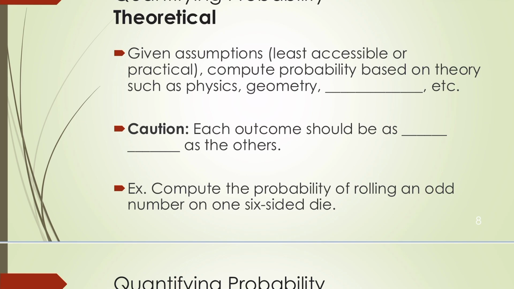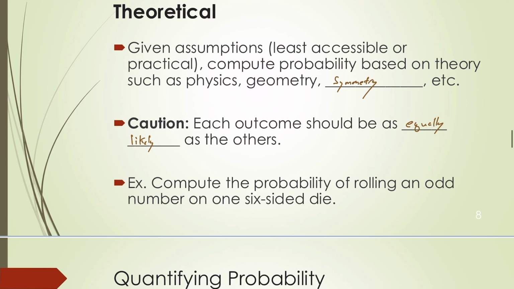Remember, this is the least accessible or practical. You have to make lots of assumptions in order to apply math to this in general, very complicated thing to understand. So what we do is we compute the probability based on theories such as physics, geometry, symmetry. Each outcome should be as equally likely as the others.